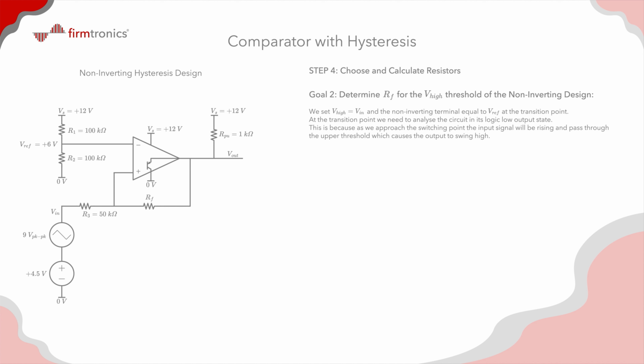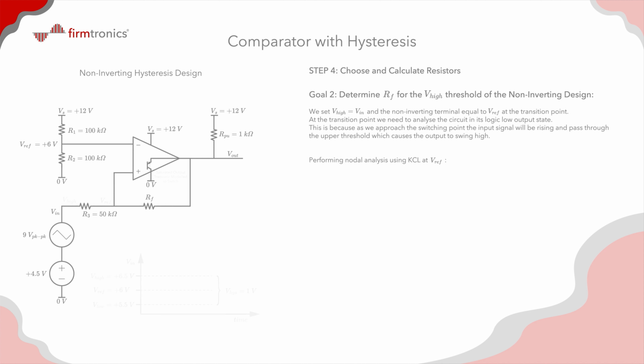So once again, to derive the formula for the V sub high threshold, we set V sub high equal to V sub in and the non-inverting terminal equal to V sub ref at the transition point. At the transition point, we need to analyze the circuit in its logic low output state. This is because as we approach the switching point, the input signal will be rising and pass through the upper threshold, which causes the output to swing high.